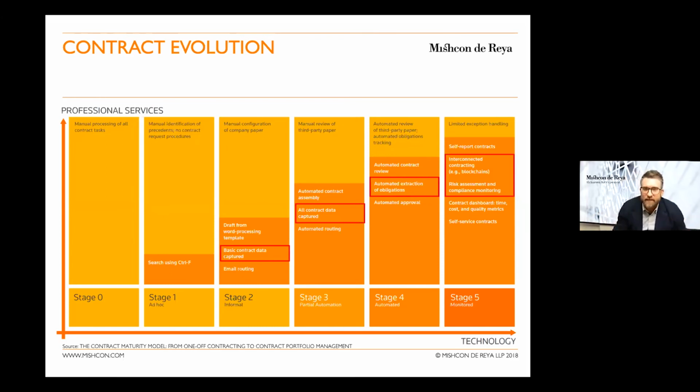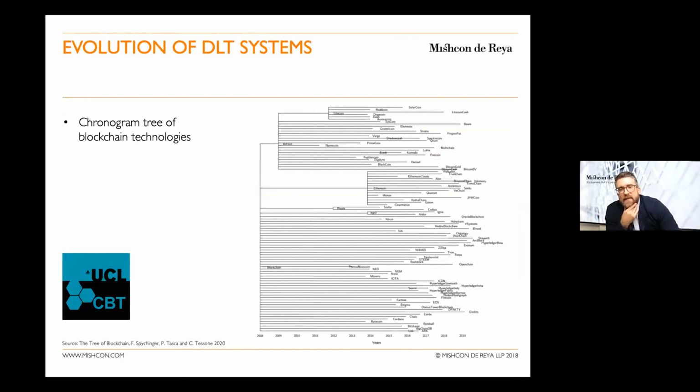So hopefully that set out some of the stuff that we have been working on. And then in the last few minutes, I just want to say something about the state of the evolution of DLT systems themselves. We've been doing a bit of work with computer science, and you heard earlier from Philip Treleaven at UCL.